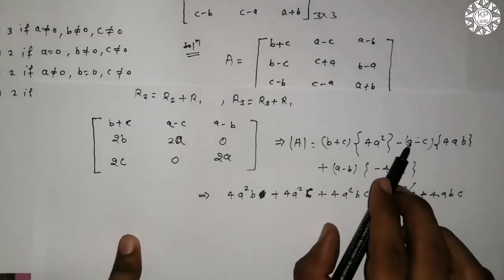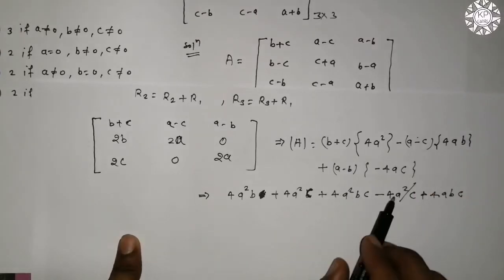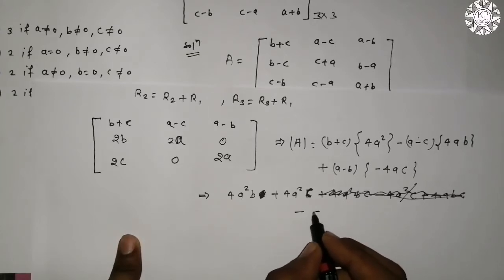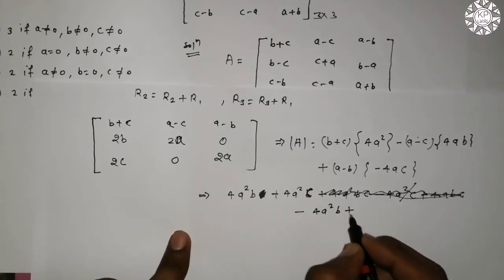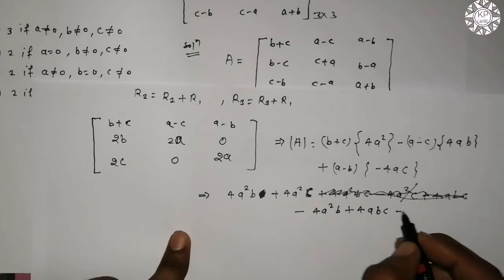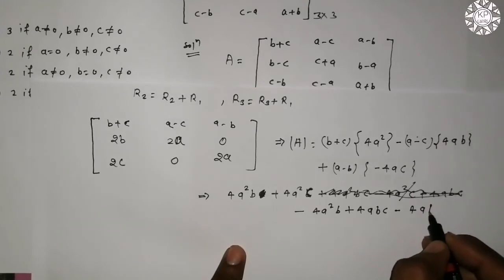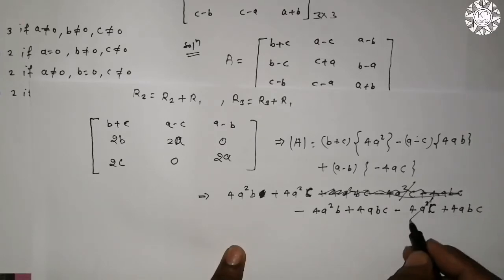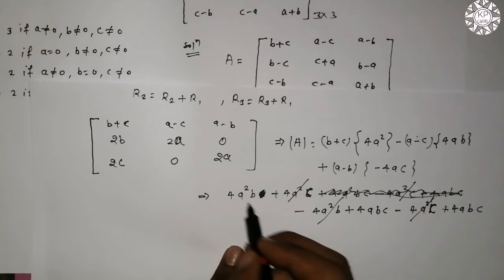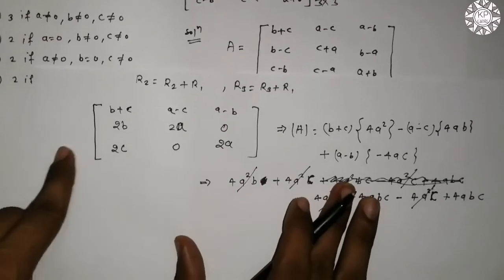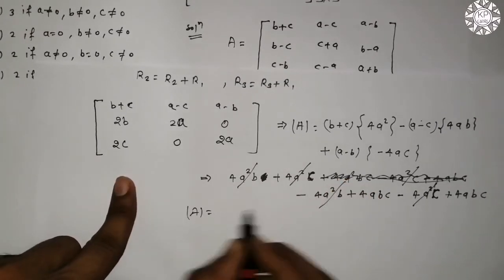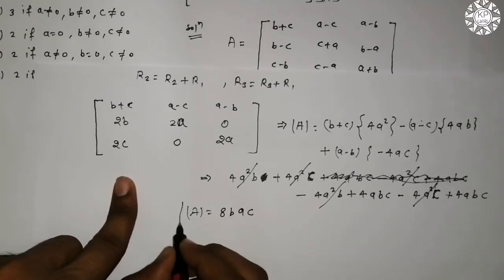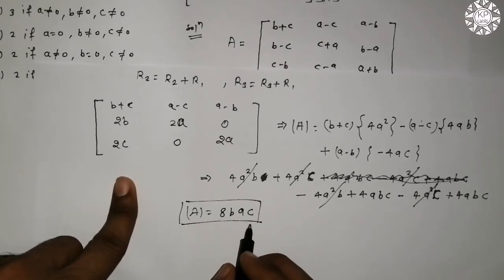Now minus 4a square b, minus 4a square b, such mistake, minus 4a square b plus 4abc minus 4a square c and plus 4abc. The 4a square c terms cancel out, the 4a square b terms cancel out. The determinant of A equals 4abc plus 4abc, which is 8abc. It depends on the variables a, b and c.